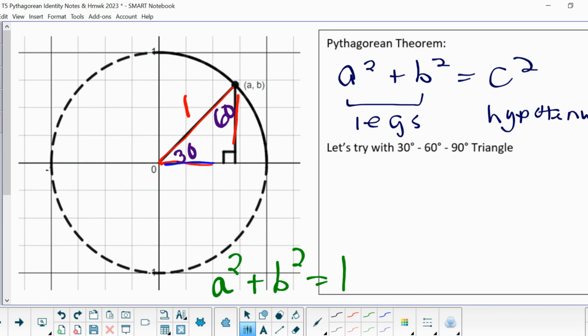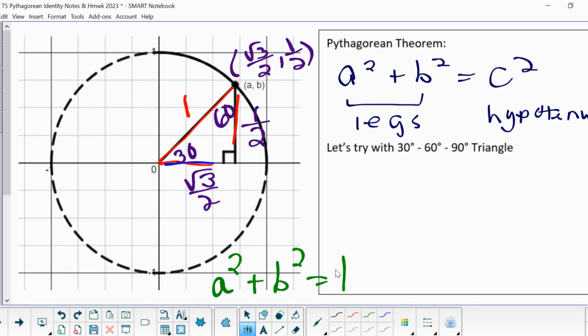That means this side over here is a half, and this side down here is √3/2. So think about our coordinates that you're supposed to have remembered just from our quiz: to the right √3/2, up a half.